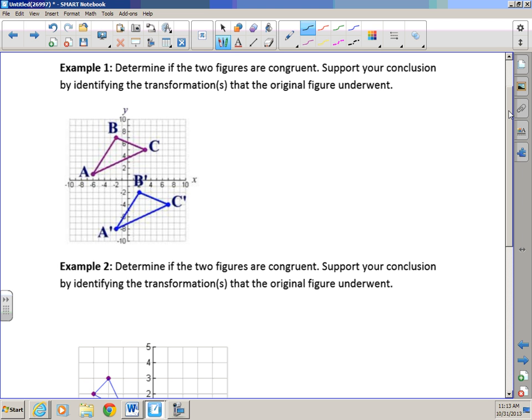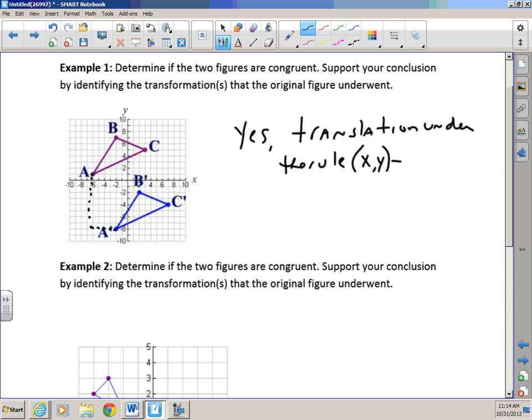Well, hopefully if you go through the series, I did not flip A, B, and C, so a reflection is out. I did not turn A, B, and C, so a rotation is out. All I did is I moved it down and across. So they are congruent because it is a translation under the rule (x, y) went as follows.